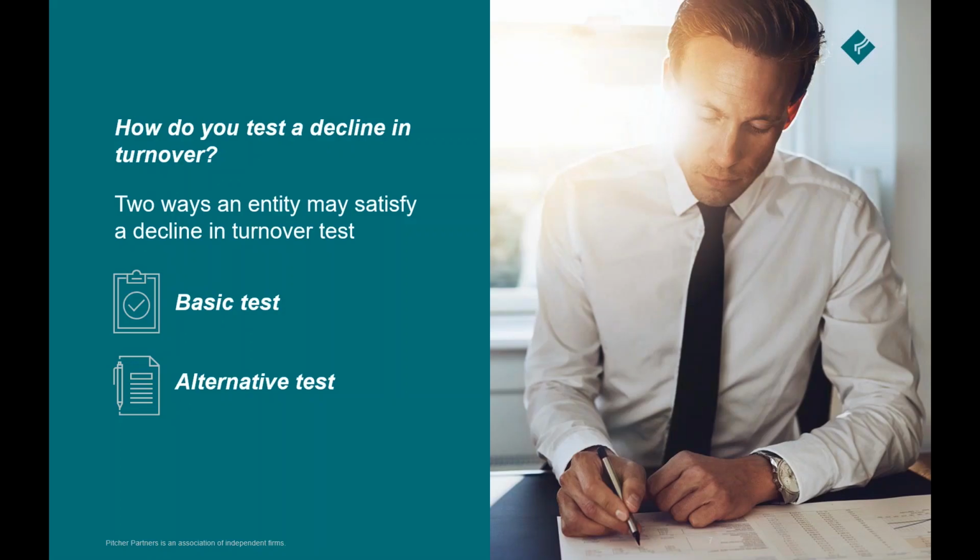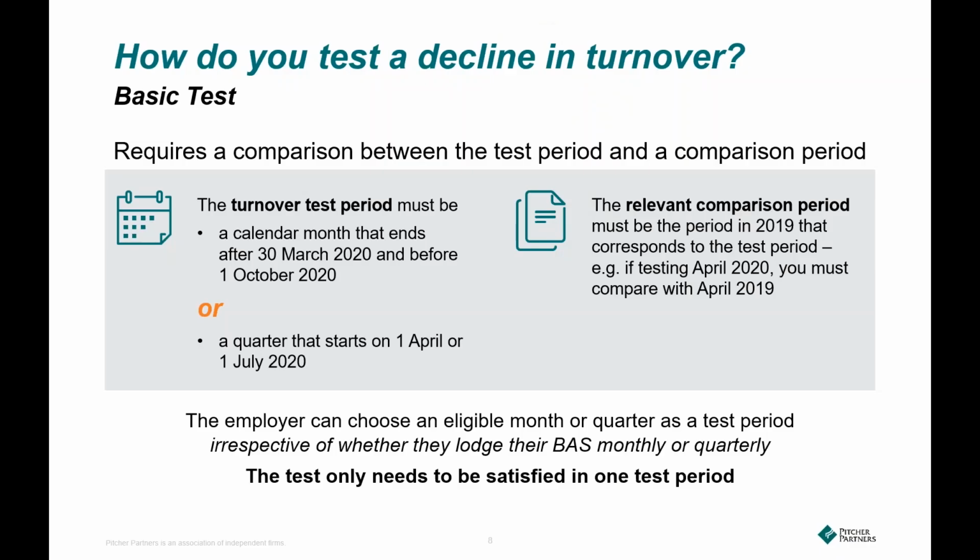So how do you test a decline in turnover? Well, there are two ways that an entity may satisfy the decline in turnover test for JobKeeper eligibility purposes. There's the basic test and the alternative test, and I'll talk to each of those now. So under the basic test, it requires a comparison between what's called the test period and a comparison period.